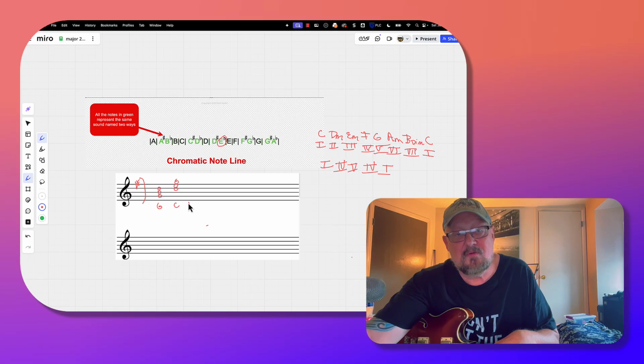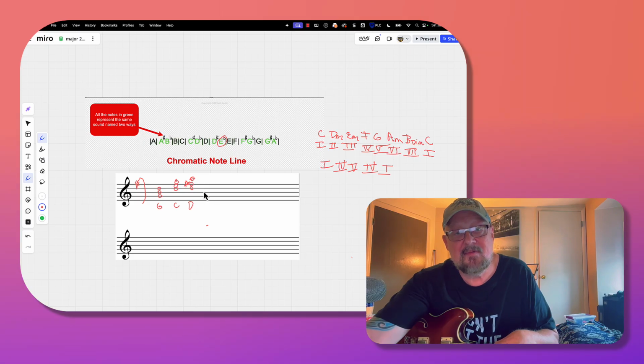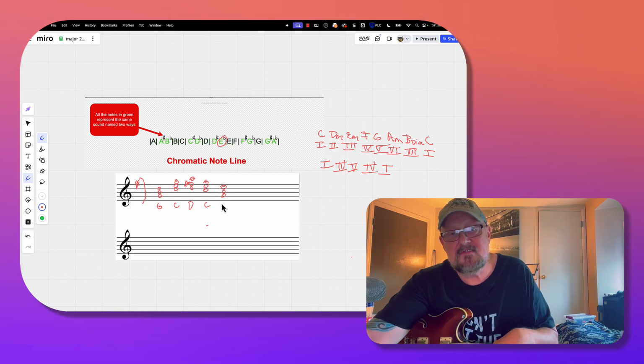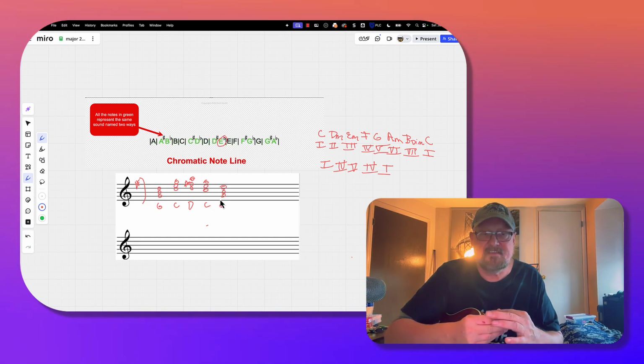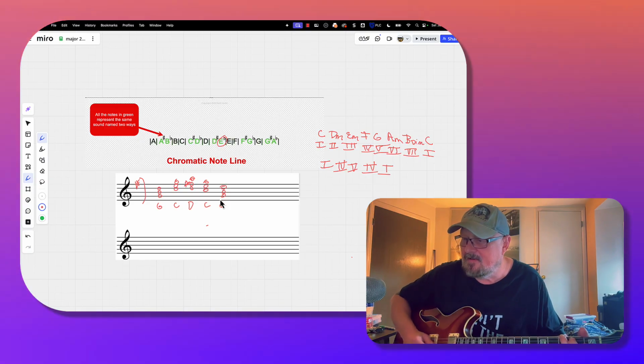The 5 chord would be D. And then we came back to C, and then we went to 1. So you should be able to transpose it to any key, especially these diatonic chords, since we're just starting. So if it was in G, it would just be G, C, D, C, G.